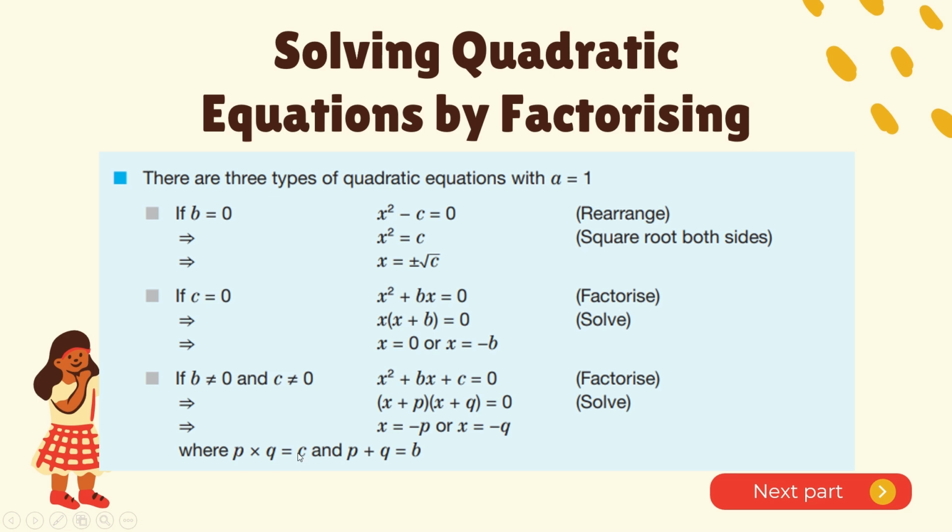After we find those two numbers, we factorize it into this form, x plus p times x plus q, and then solve it, and we get x equals negative p or x equals negative q.